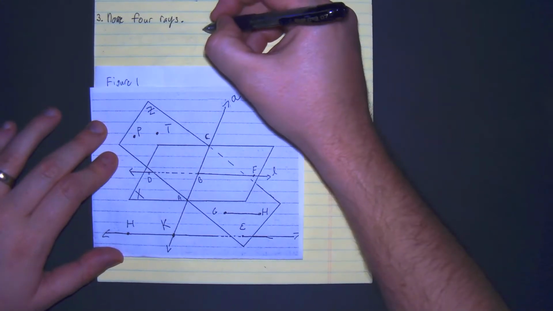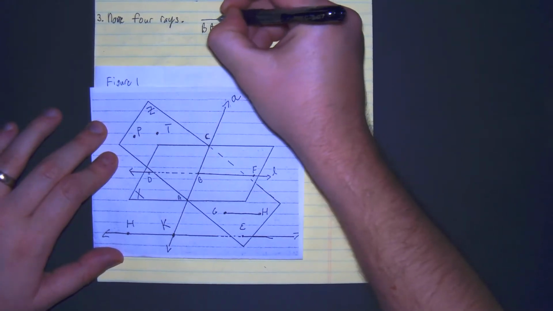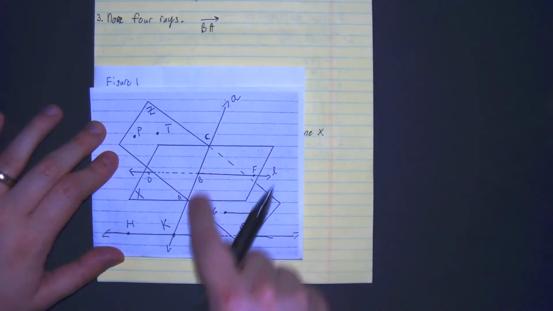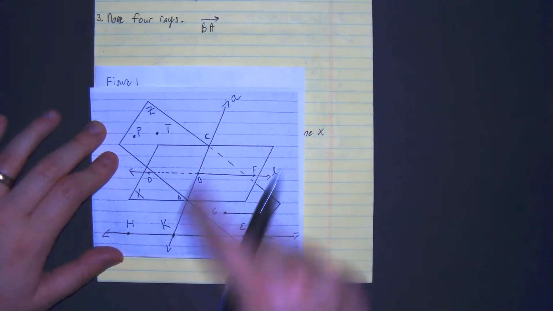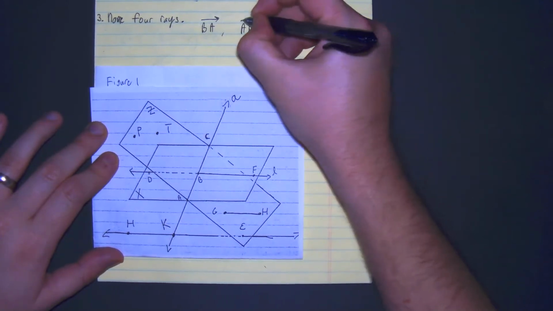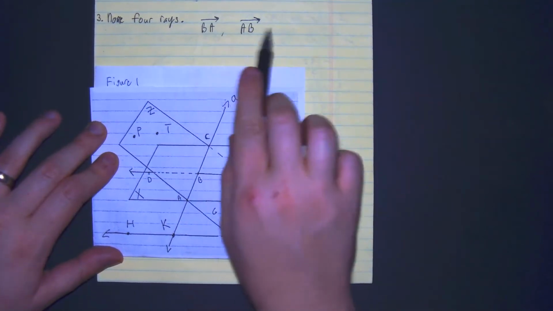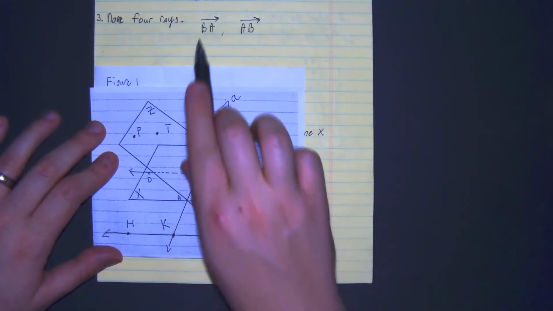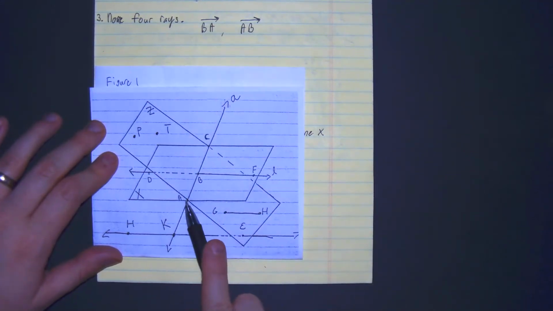We can use BA. Starts at B, goes forever in this direction. But if we flip it, we can even do it as AB. What's the difference between these two? We know that B is the endpoint here. Well, A is the endpoint here.